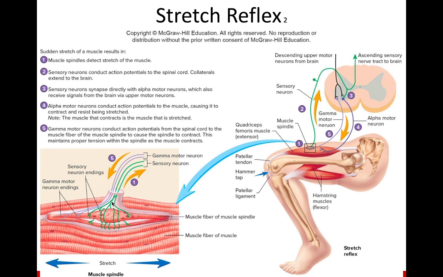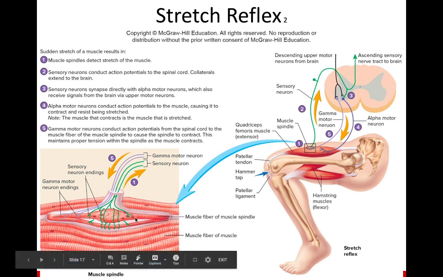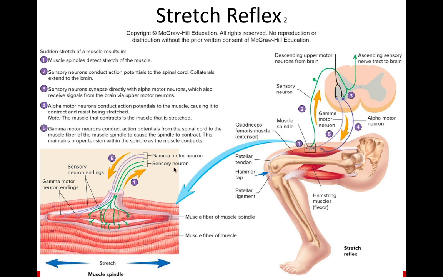Sensory neurons, which are these green ones here, are going to send information that this muscle spindle is being stretched to the spinal cord. Okay, so we can see this green here going to the spinal cord, again going along that dorsal root into the spinal cord. Again, notice that we have no interneuron here. We are synapsing directly with our gamma and alpha motor neurons.